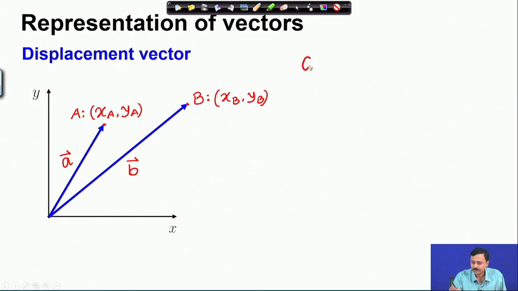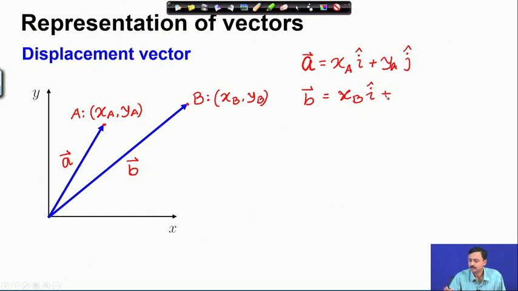So, therefore, I have these representations for vector a and this is for vector b.